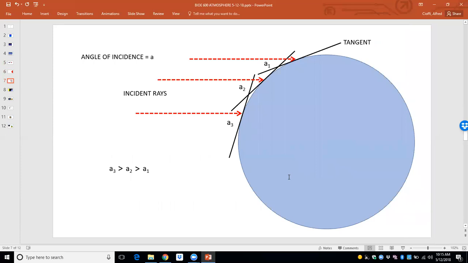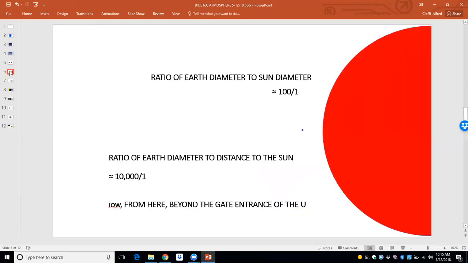Prepping you up for the next little video. This is the angle of incidence. Now, this blue ball represents the Earth, and the red arrows represent the sun rays coming into the Earth. For all practical purposes, since the sun is 100 times larger than the Earth, look at this area in front of the Earth.